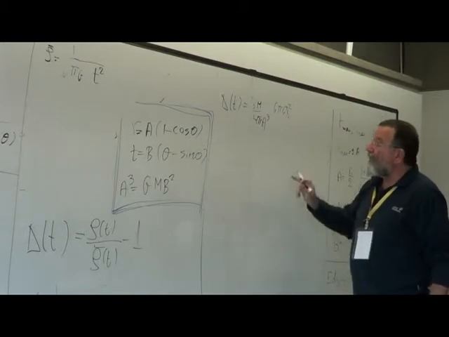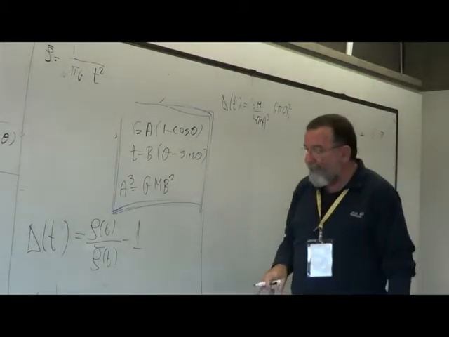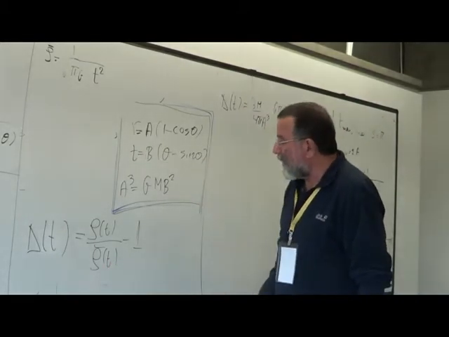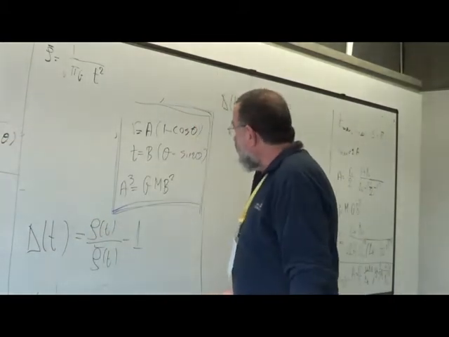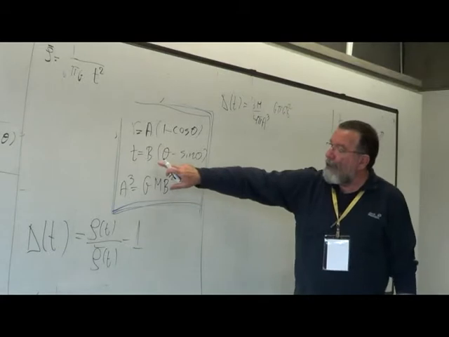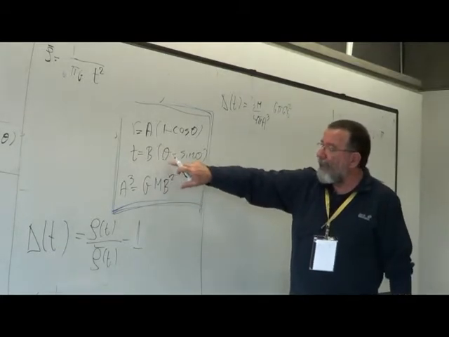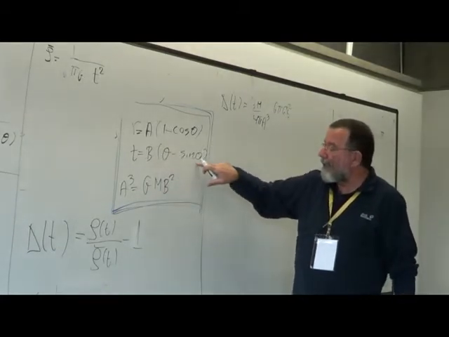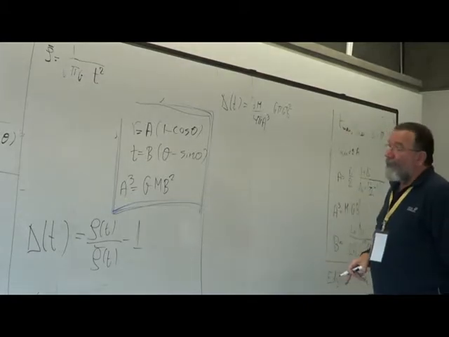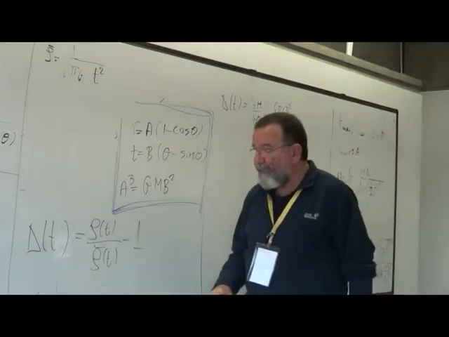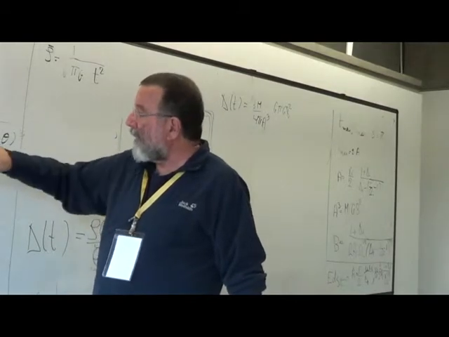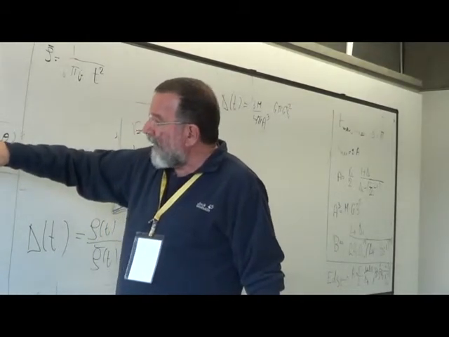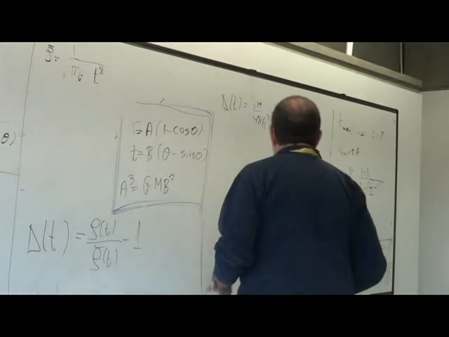So what I'm having here actually, for the density of the unperturbed universe, I have things that are going with time. So the things that are going with time, I have here a combination of b times this theta minus sine theta. For the perturbation itself, I have here the density of the perturbation that is given here, and then I have the a cubed and the 1 minus cosine theta.